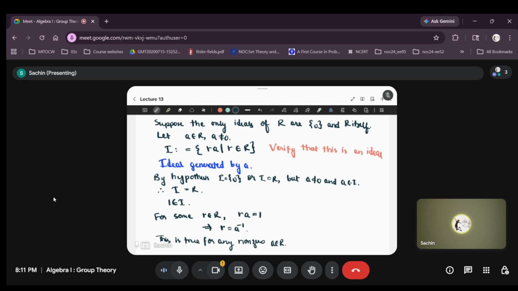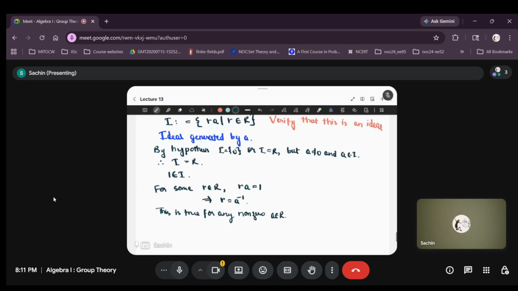Since one belongs to that ideal, and all the members of the ideal are of the form R times A, one should also be of the form R times A for some R. For each A, there will be a different R. So what does that mean? Therefore, R is a field.